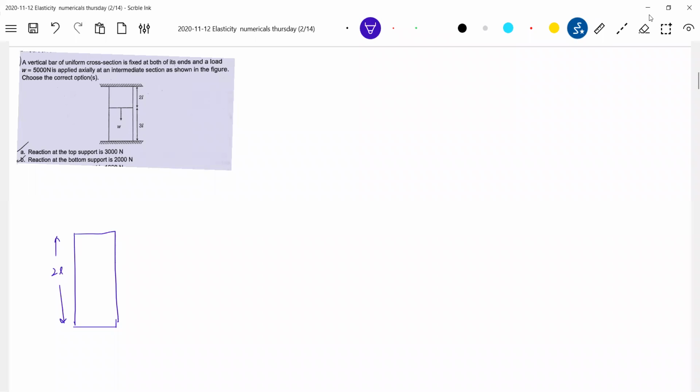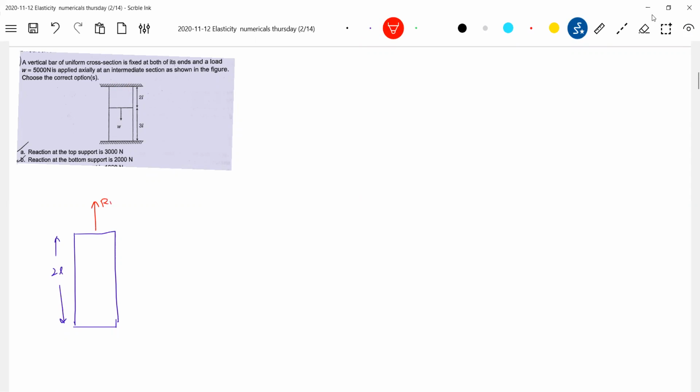There's a length 2L. Because of the force applied here, what will happen to this upper part? It wants to move down, no? The ceiling will not permit, so the ceiling will exert a force.